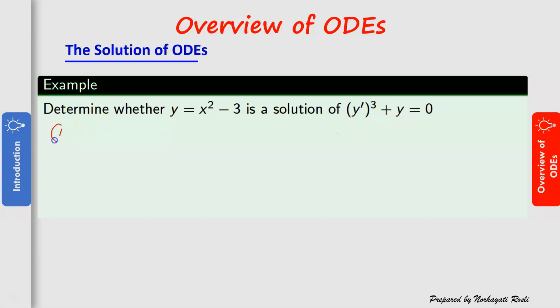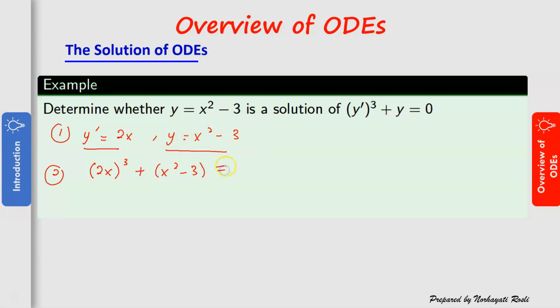So the first step, we compute y prime. It is a simple function, so you can directly find the derivative. It is equal to 2x. And then we know that our y equals x squared minus 3. So we need to substitute y prime and y in this differential equation. For step number 2, we have y prime to the power of 3, so 2x to the power of 3, plus y, and y is given by x squared minus 3.